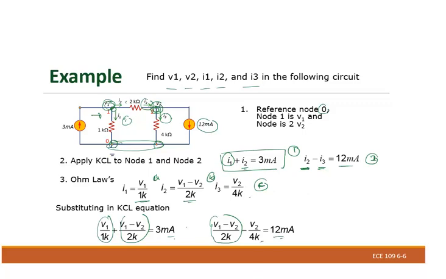So we have two equations, but they are functions of V1 and V2. We have two equations, two unknowns. We need to simplify them, combining under V1 and V2 separately, so we can write our matrix and solve them.